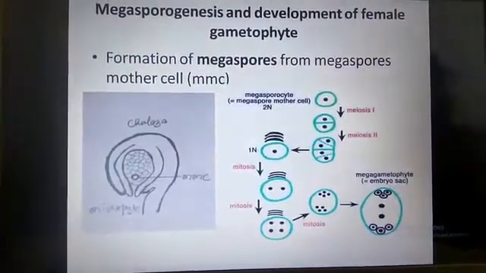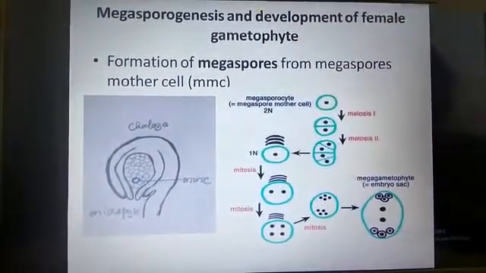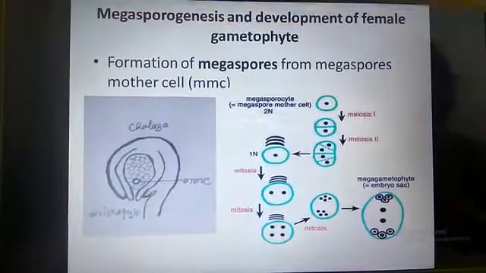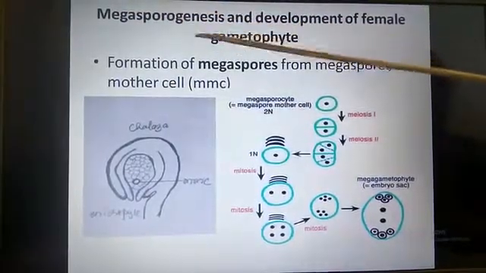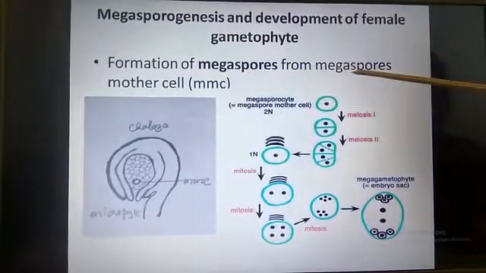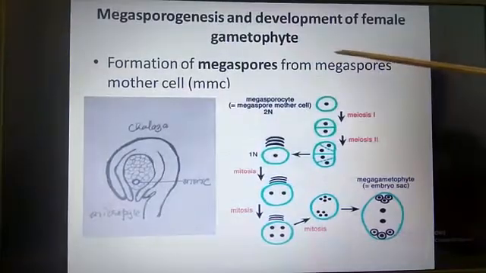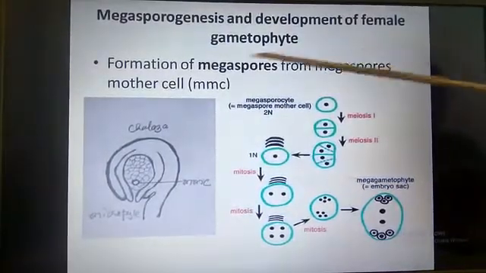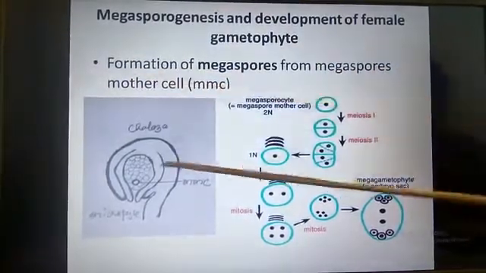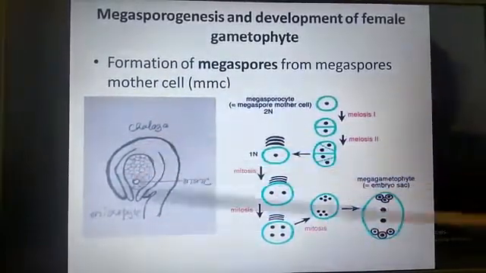Now let us go to megasporogenesis and development of the female gametophyte. Let us first go to megasporogenesis. What is megasporogenesis? It is the formation of megaspores from the megaspore mother cell. Now let us see how the megaspore mother cell is formed. Look at this picture. This is a picture of an ovule.